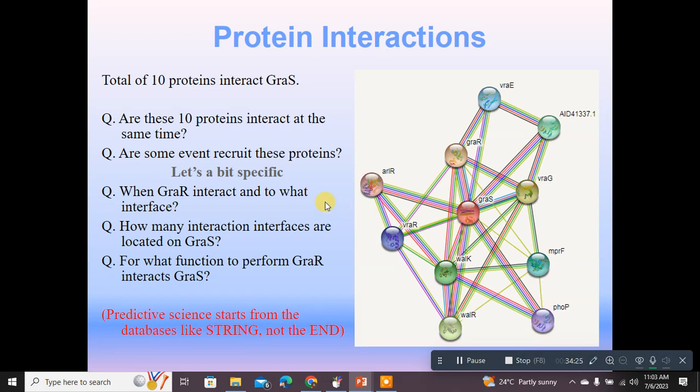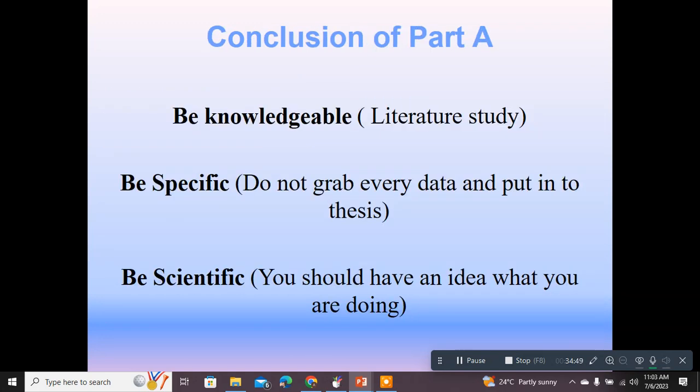These were generally certain questions I generated for you, showing that just picking such figures will not work. You have to work slightly more on this, dig out more, and strengthen your manuscript and your research. Okay, so the conclusion: you need to always be knowledgeable, you need to always be specific.